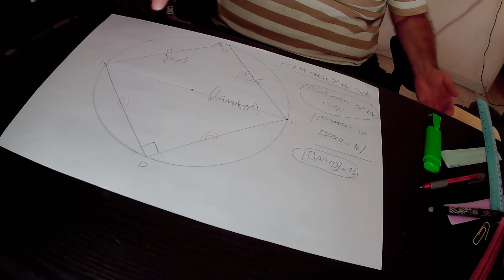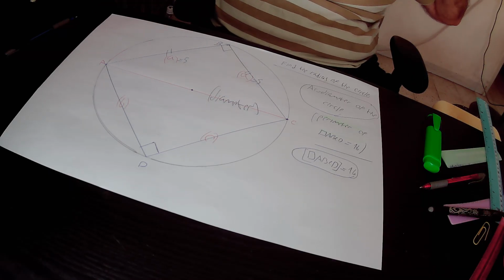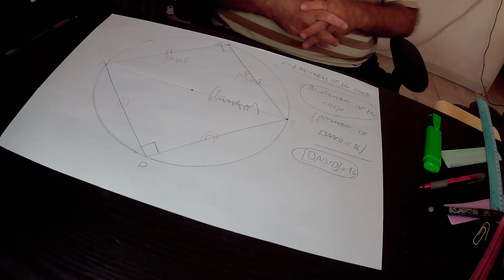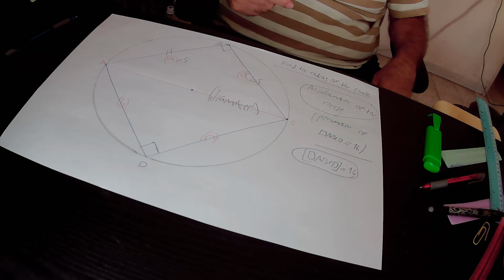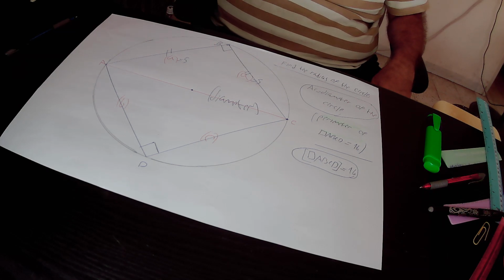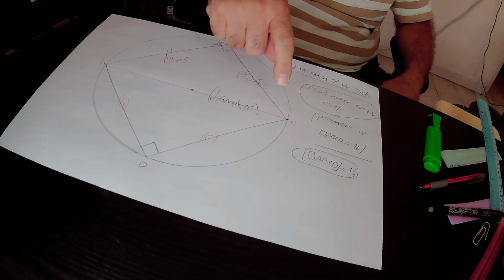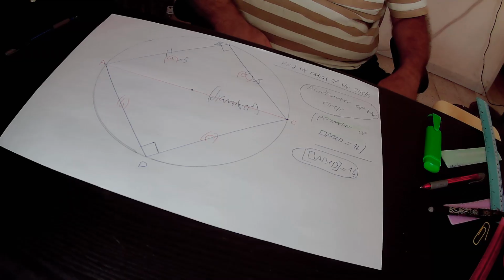That is, AB plus BC plus CD plus DA in total is equal to 18 units. And finally, we also know that the area of this quadrangle ABCD is equal to 16 square units. Again, our task is to find out the radius of this circle that circumscribes quadrangle ABCD.